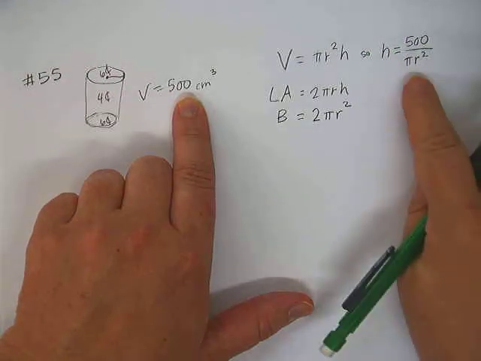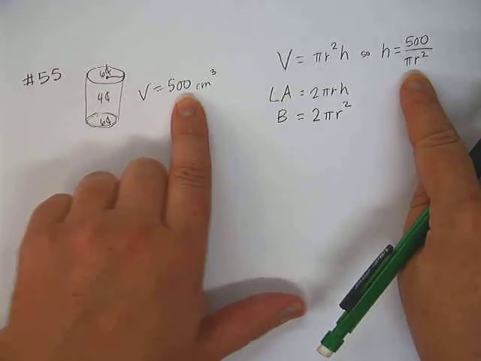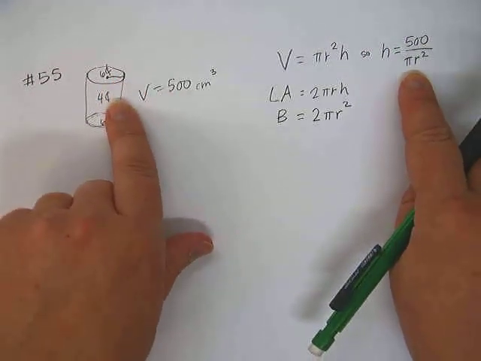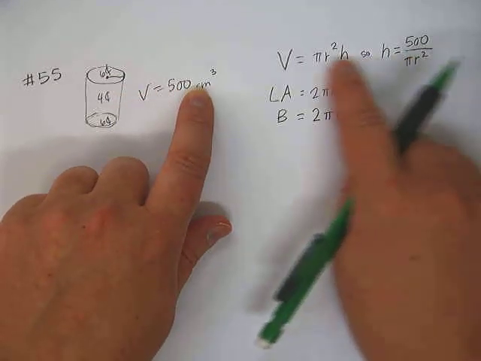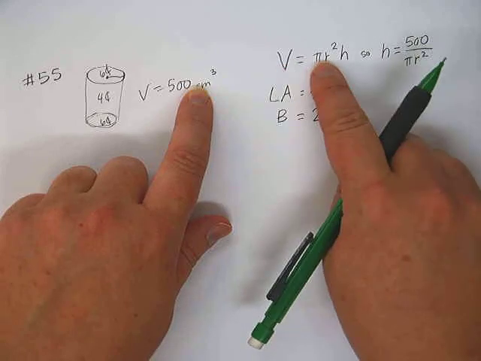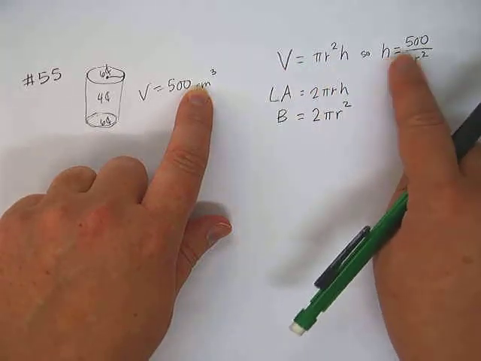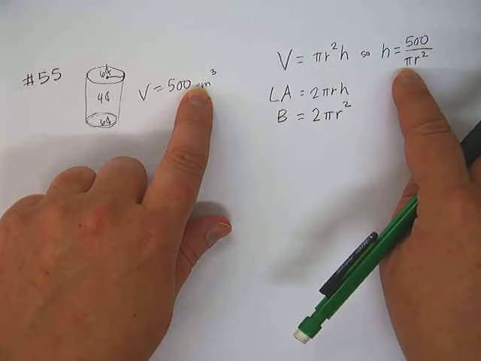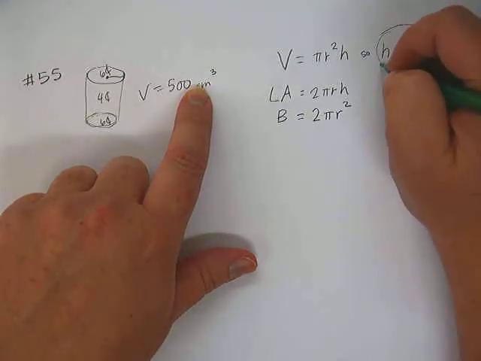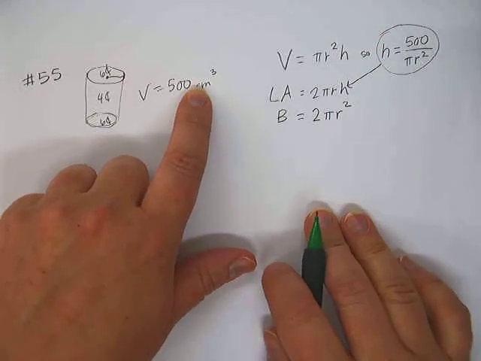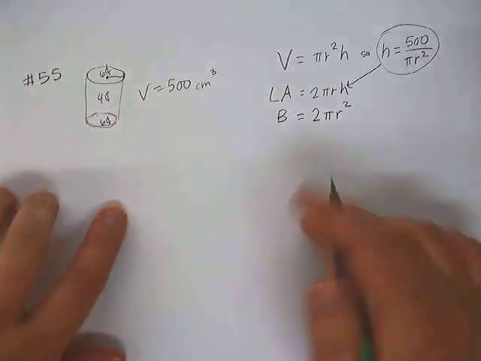Do you see what I did? The height of the cylinder is determined by the fact that the volume is 500 cubic centimeters and volume is pi r squared times h. So h would be 500 divided by pi r squared. Then we substitute it in here.